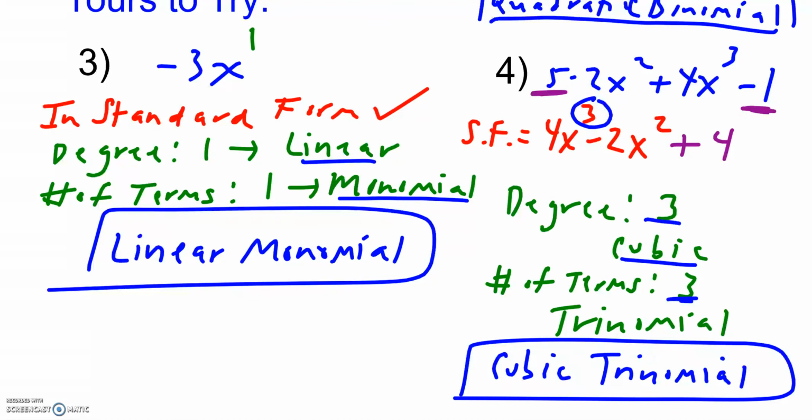Now, if I had changed this problem just a little bit, and let's say that I had an x on that 1, my standard form would look like this instead. I would have, instead of the plus 4, minus 1x plus 5 if I had had this originally.